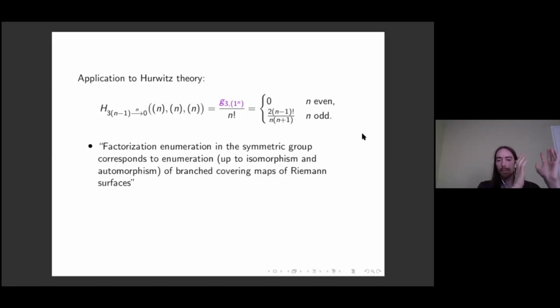So that enumeration is up to isomorphism and automorphism. So technically, you could get rational numbers as counts, which is a little bit weird, but that's how that works.